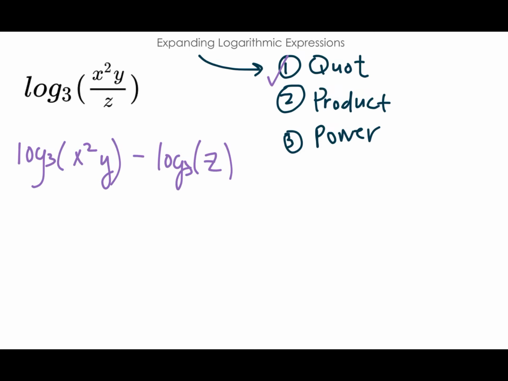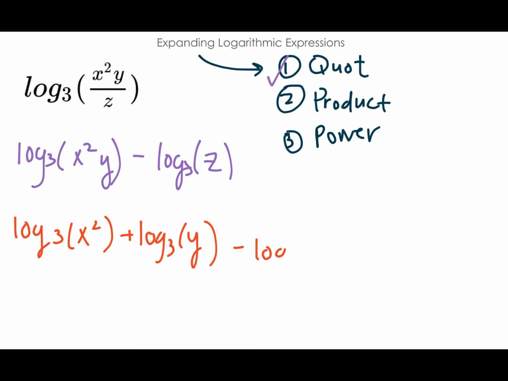So that's a place for the product rule. So we can take that and expand it to being log base 3 of x squared plus log base 3 of y. Okay, there's no multiplication happening inside of log base 3 of z, so it just remains the same. It just remains log base 3 of z.